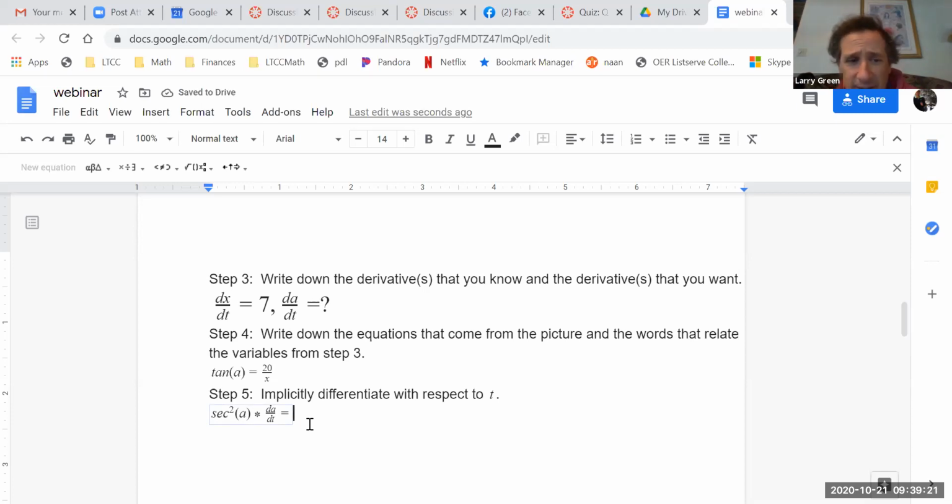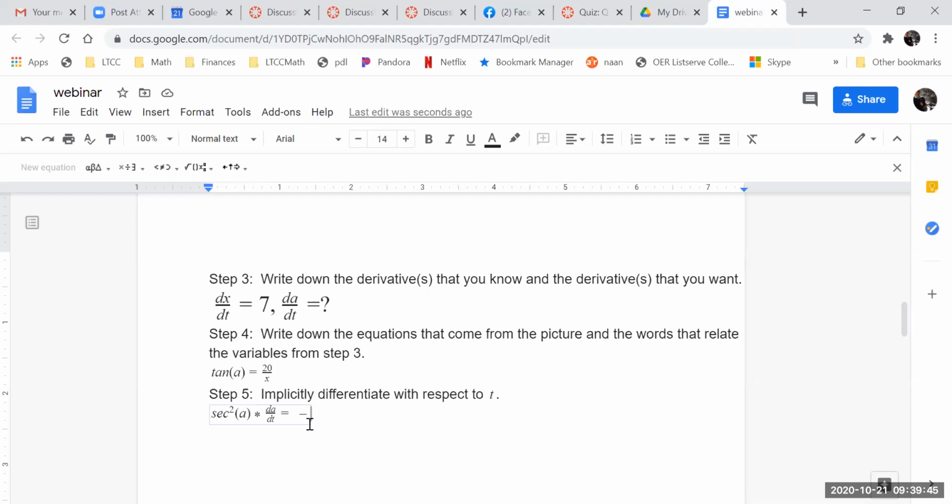Okay, what's the derivative of 20 over x with respect to t? Give you a hint. Starts out with a negative. Oh, wait, no, never mind. 20 over x is 20 times x to the negative 1, not 1/2.